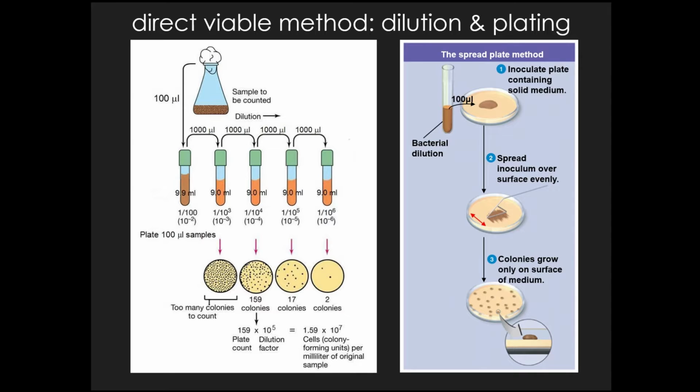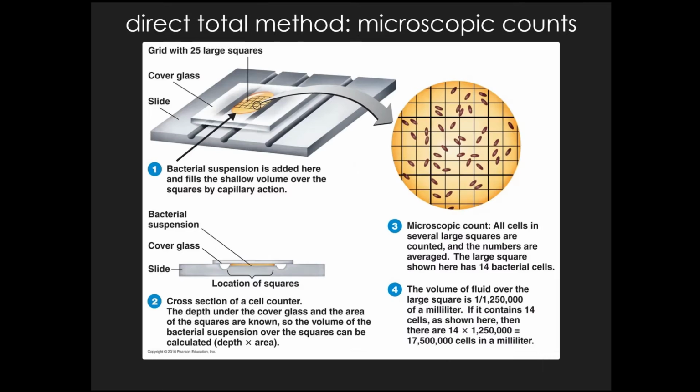They don't even have to look at your protocol. They know by the fact that you used CFUs that you did a viable method of counting those cells. And the thing that makes this direct is because you were looking at colonies, directly at the bacterial number.